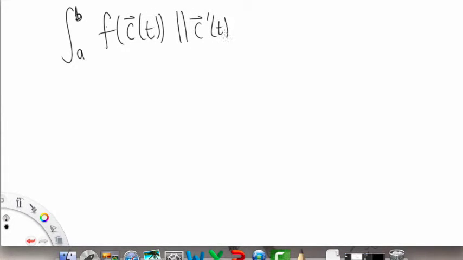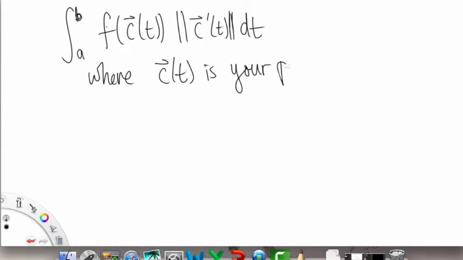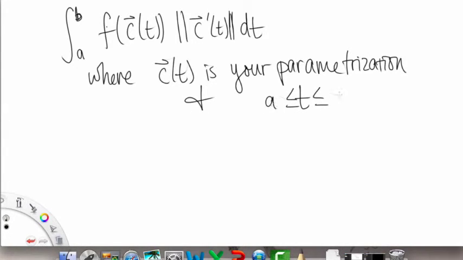It's going to be the integral from a to b of f of c of t times the magnitude of c prime of t, dt, where c of t is your parameterization, and t goes from a to b. So that's where the bounds come from, because everything basically depends on the curve here.